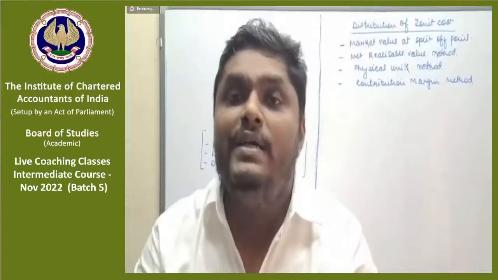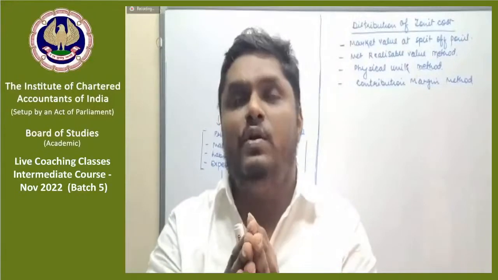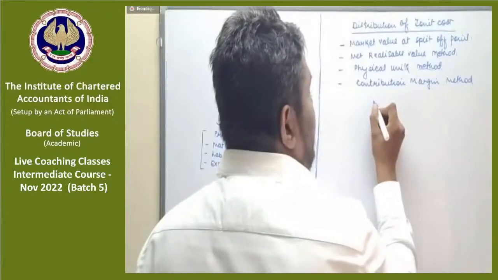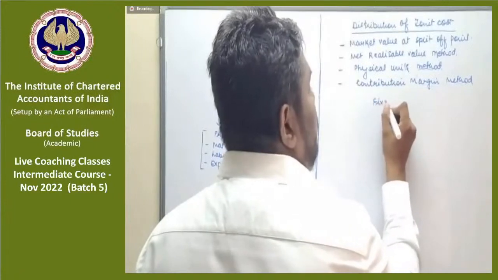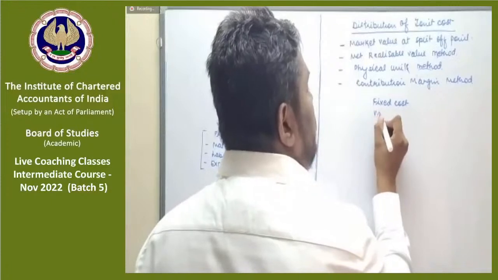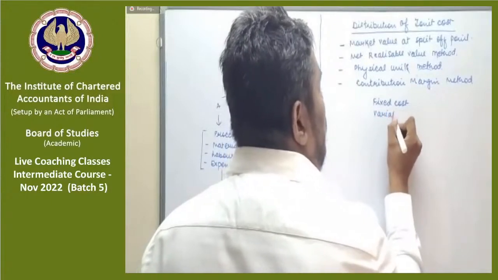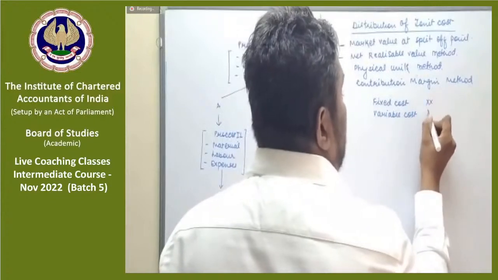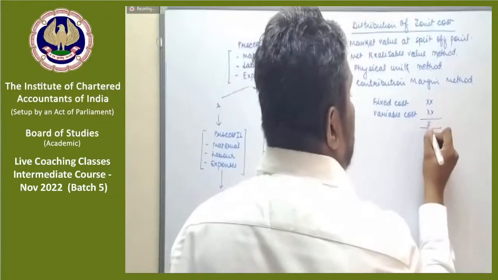So now the point is how to distribute the joint cost. I repeat again, guys, in a question, fixed cost is given, variable cost is given, the total is the joint cost.